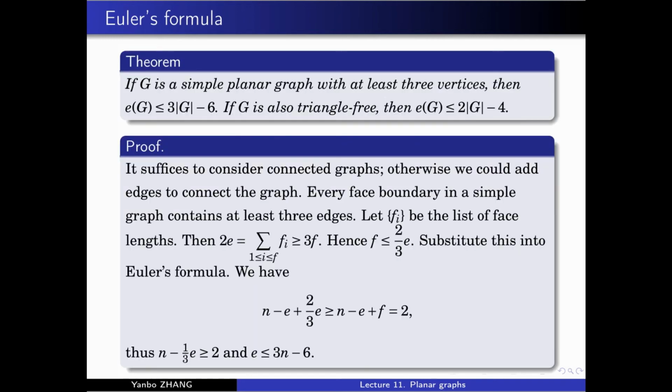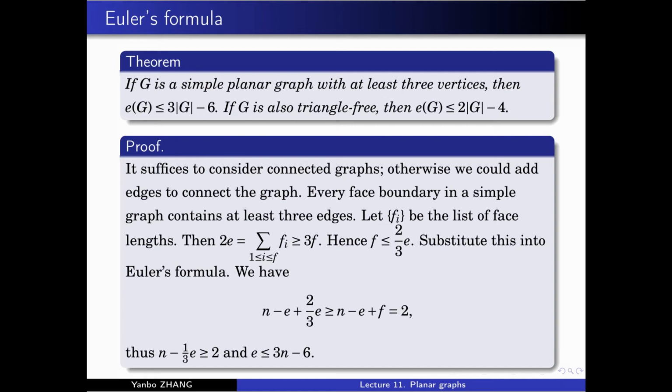From Euler's formula, we have a theorem about the relation between the number of edges and the number of vertices. If G is a simple planar graph with at least 3 vertices, then e(G) is less than or equal to 3 times n(G) minus 6.